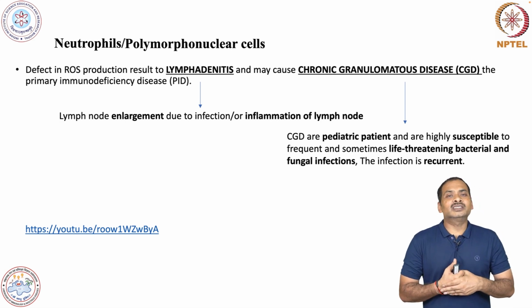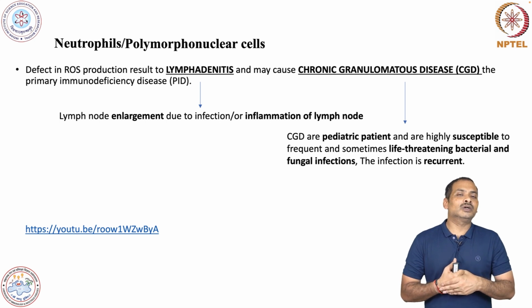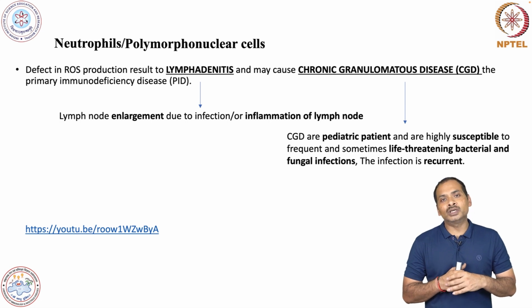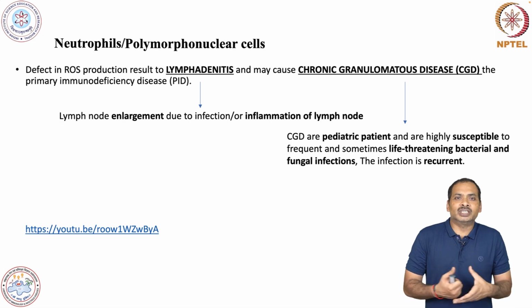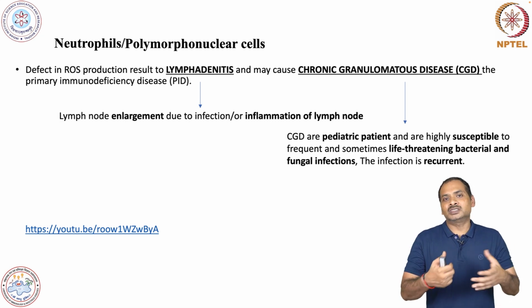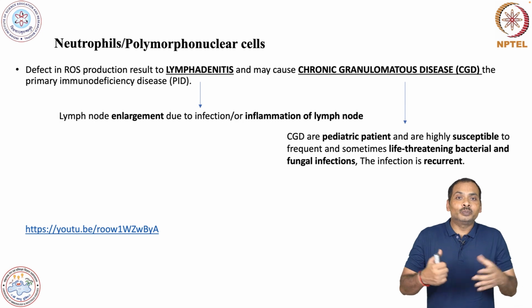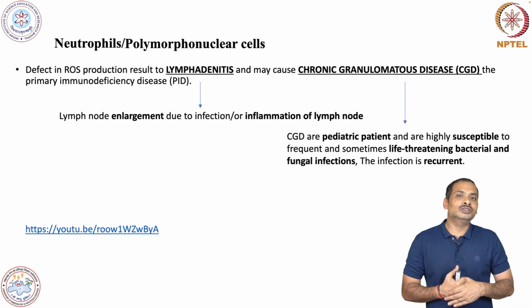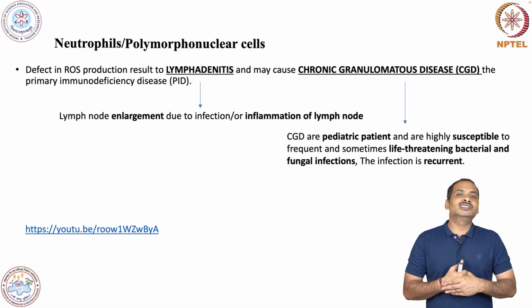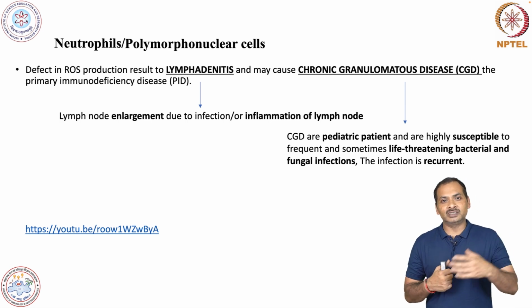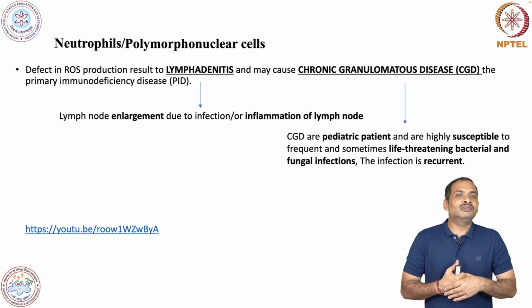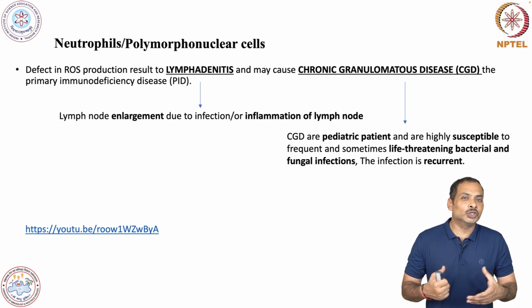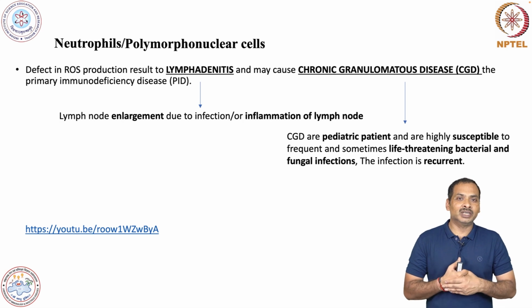Finally, I would like to say that CGD is a quite severe problem, and people have tried bone marrow transplantation to overcome the disease, but I am not a clinician, so I am not sure how successful it is. Now we are hoping for gene therapy. If we can replace this defective gene, then that will probably cure this disease and the kids will become healthy.